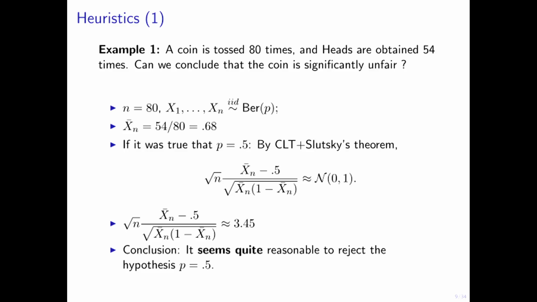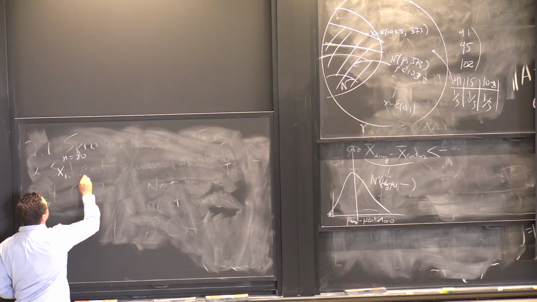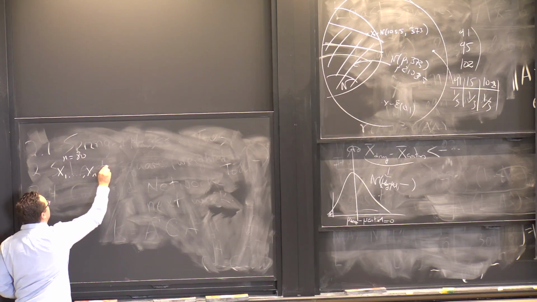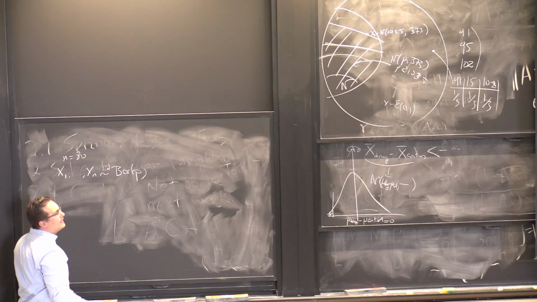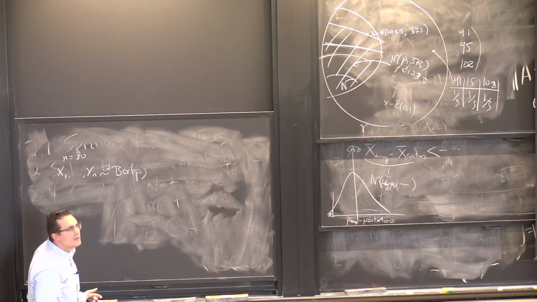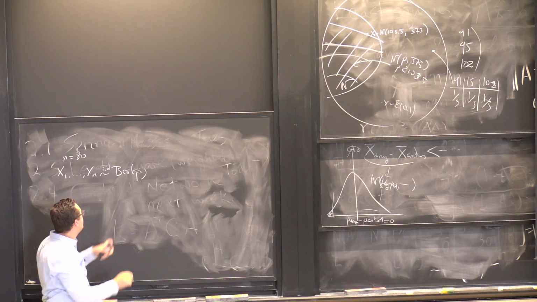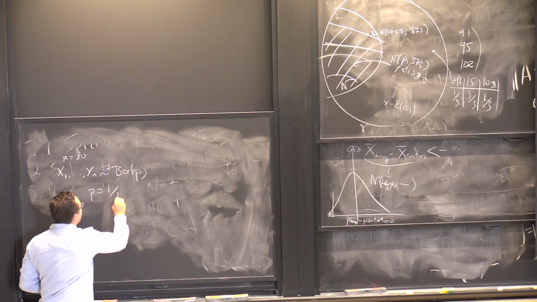So you have a coin. Now you have 80 observations, x1 to x80. So n is equal to 80. I have x1 to xn, IID, Bernoulli p. And I want to know if I have a fair coin. So in mathematical language, I want to know if p is equal to 1/2.